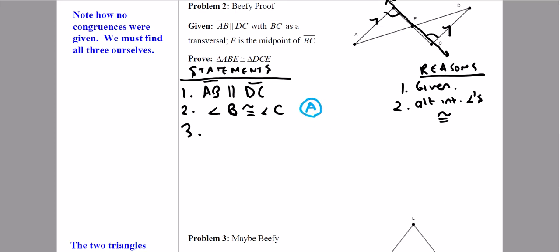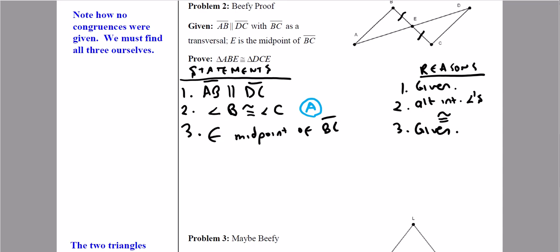E is the midpoint of BC. We've established that if there's a midpoint, then it bisects or divides into 2 congruent parts. So that means this piece is congruent to this piece. I can say that BE is congruent to, oops, we have to first say the given. So the given was that E is a midpoint. So now we can say that if E is a midpoint, then BE is congruent to CE.